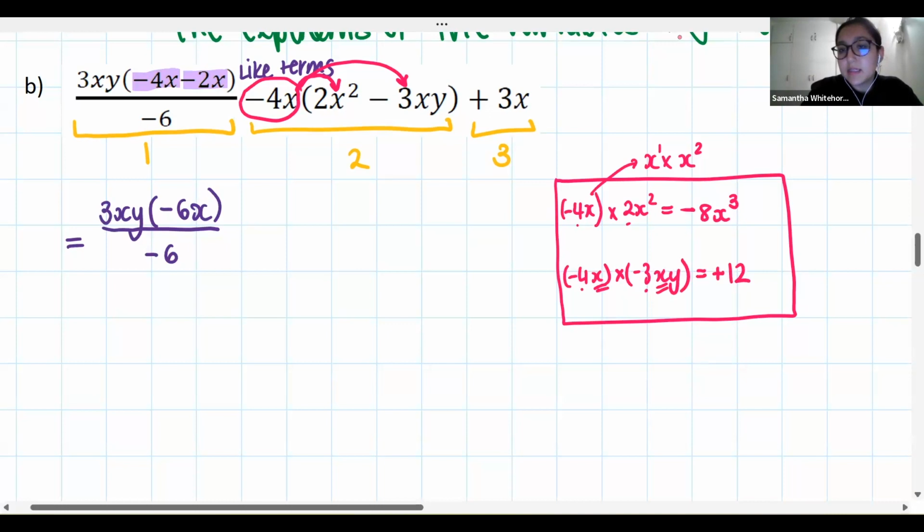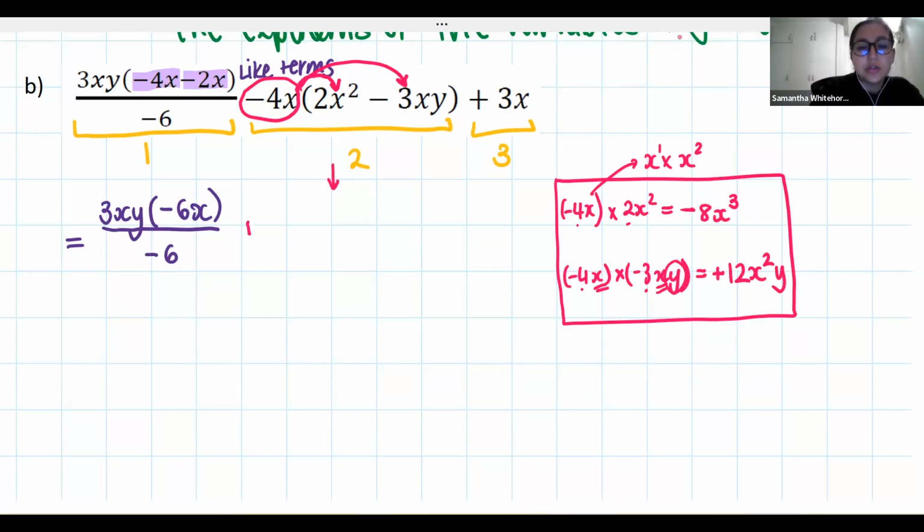X times x is x squared. And then I've got this little y all by itself, so it just stays like that. So this second term is simplifying to minus 8x cubed plus 12x squared y.